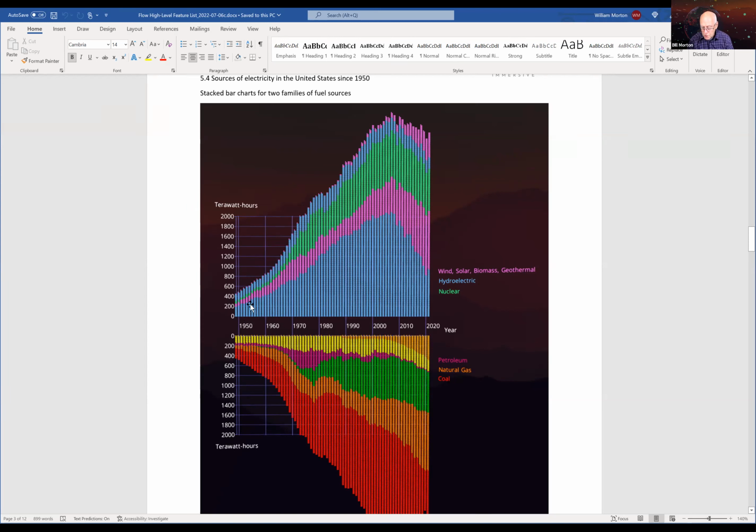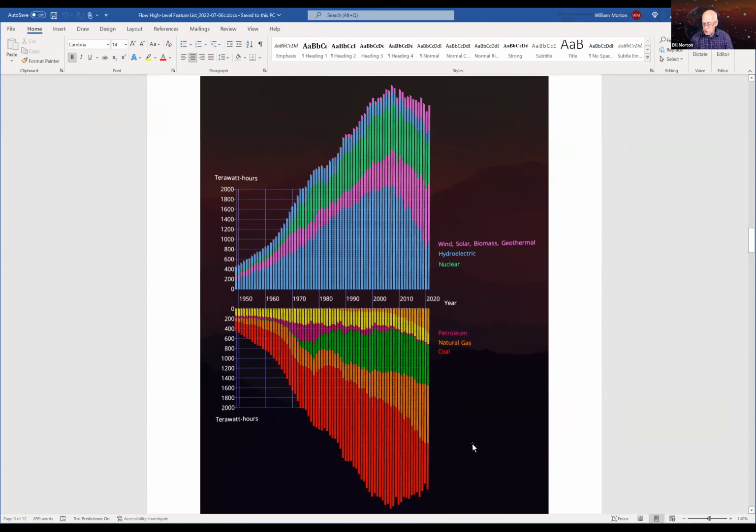The stacked bar chart for those sources of power is shown on the upper part of the screen, and on the downward facing part of the screen is all the fossil fuel types of power being generated. So petroleum, natural gas, coal. This is an interesting way of showing how power generation within the United States has varied since 1950 through 2020, and what the momentum changes are.